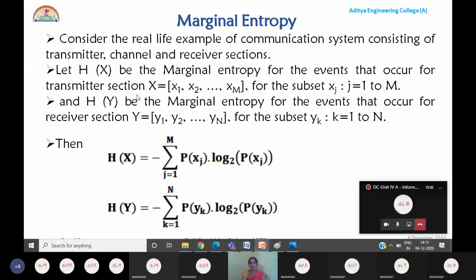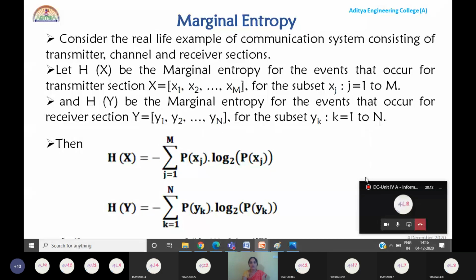Our transmitter section consists of capital M number of messages or events, x1, x2, x3 and so on up to x suffix capital M, for the subset xj, where j ranges from 1 to M. And let us assume H of Y is the marginal entropy for the events that occur at the receiver section, y1 to yn, for the subset small yk, where k ranges from 1 to n.